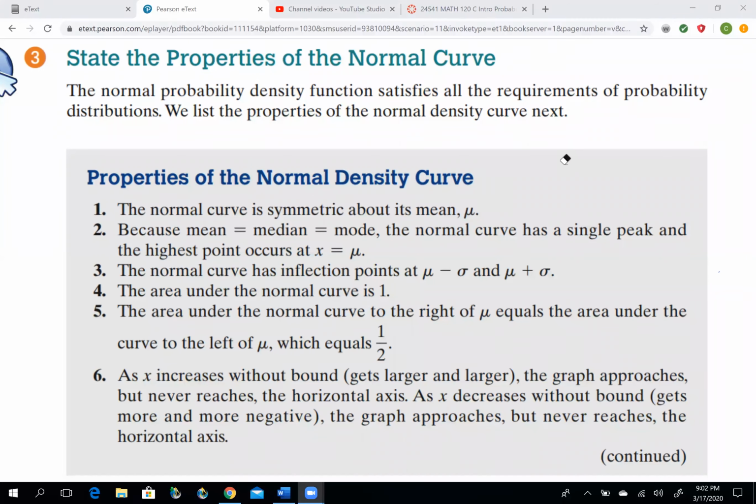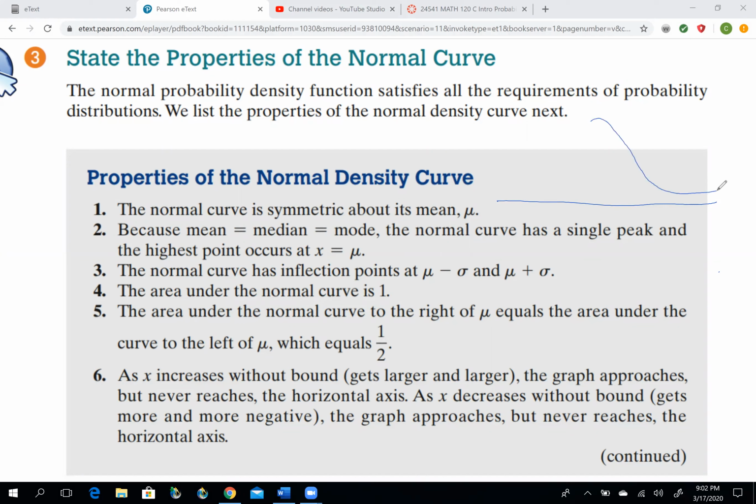And number 6, as I explained to you guys before, as x increases without bound, gets larger and larger, the graph approaches but never reaches the horizontal axis. As x decreases without bound, gets more and more negative, the graph approaches but never reaches the horizontal axis. So this is a horizontal axis.